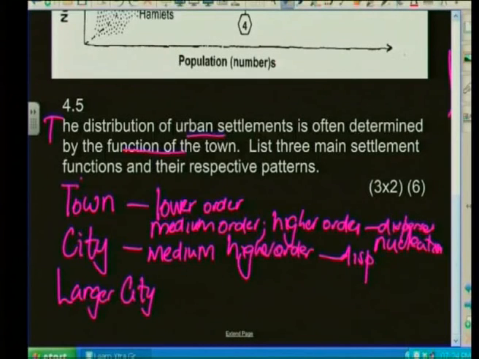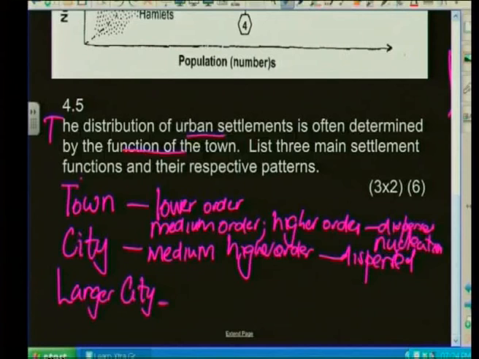So in cities like the ones we've just discussed, you would have more medium and higher order, and their level of patterns would be more dispersed.